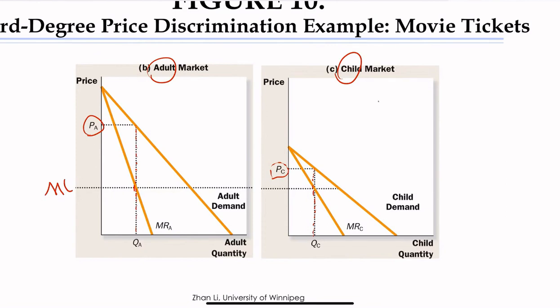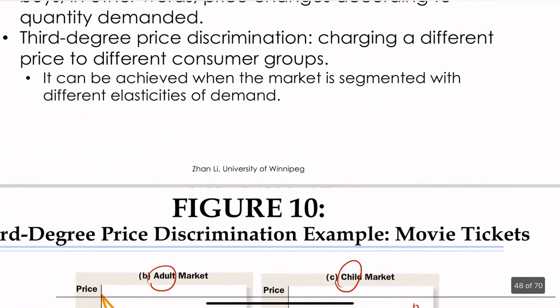What you can see here is PA is larger than PC, right? Obviously, the fact PA is larger than PC comes from the monopolist's profit maximization behavior. And you can see that the monopolist can do this because the monopolist can separate the markets into adult market and child market, right?